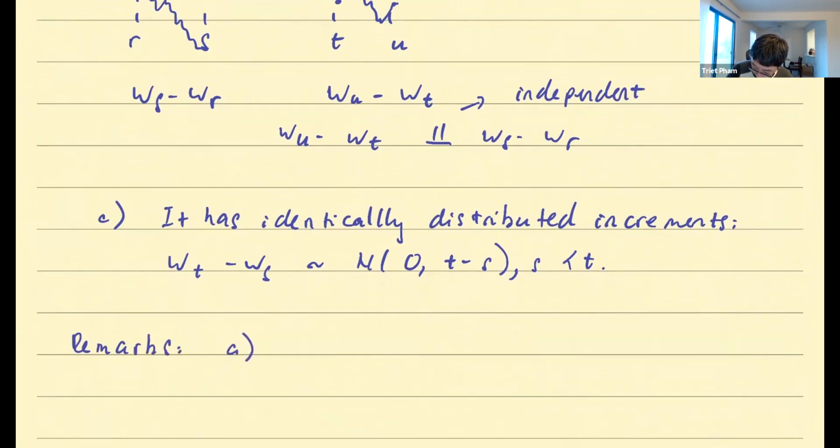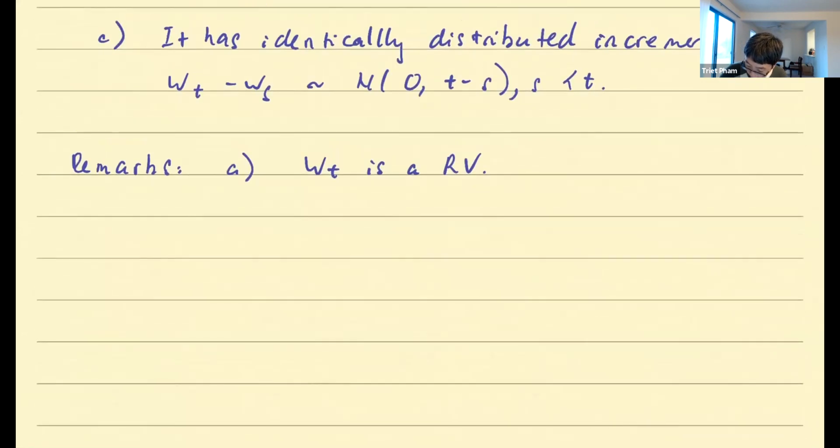First of all, W_t is a random variable. Fixing a t, fixing a time, and you just look at the value of the Brownian motion at that time point, the possible values form a random variable. What kind of random variable is it? W_t by itself has a normal(0, t) distribution.